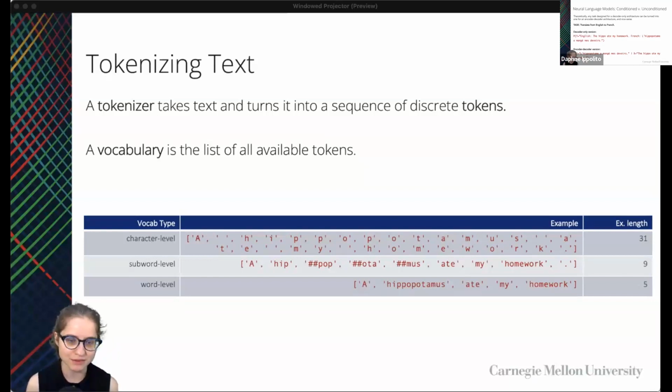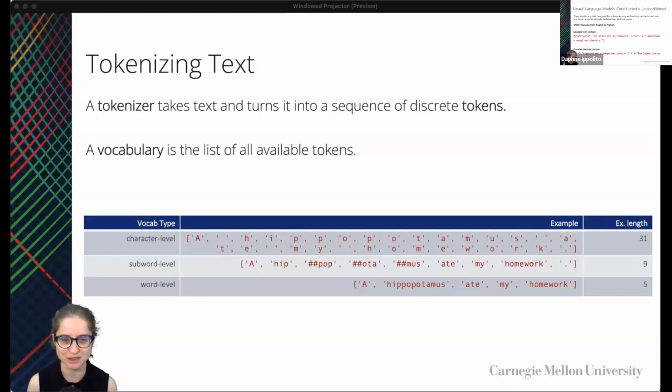The reason why this is valuable is that your vocabulary needs to be finite. You need to say, I have a budget of 50,000 tokens in my vocabulary, or 100,000 tokens. And obviously there are more words in English, or in any language, than 50,000. So what happens when you are using word-level tokenization is that if a word occurred that wasn't in the 50,000 most common words in English, you would just replace it with an unknown token, a token saying, I don't know this word, because you had no way to represent it.